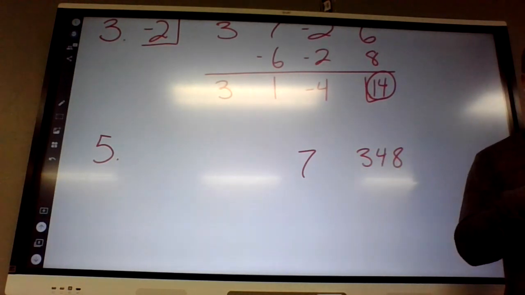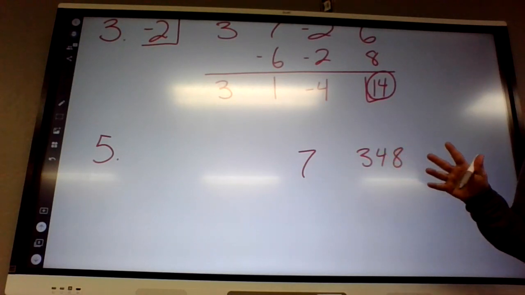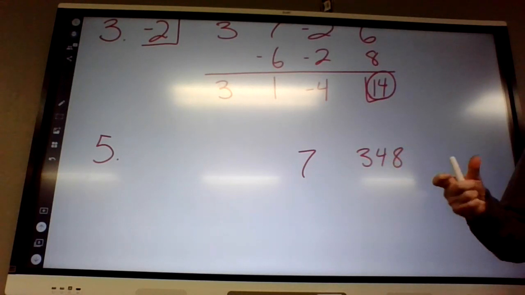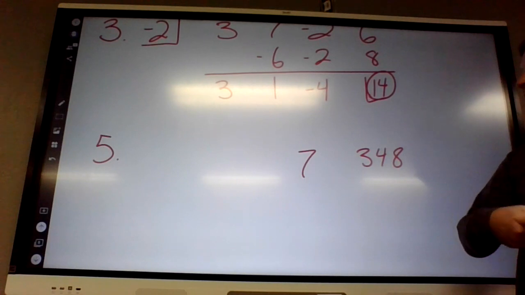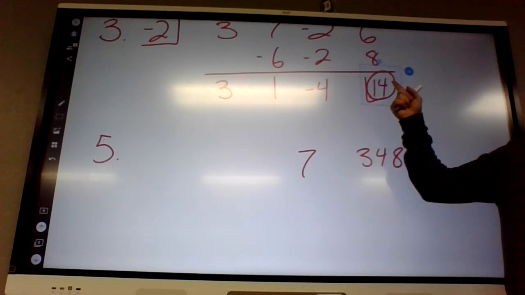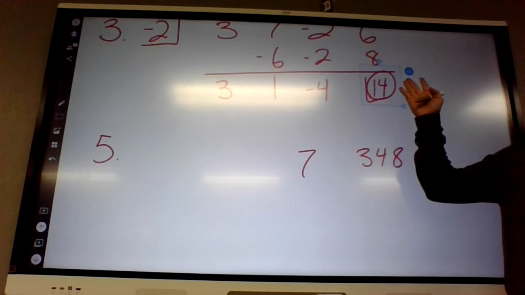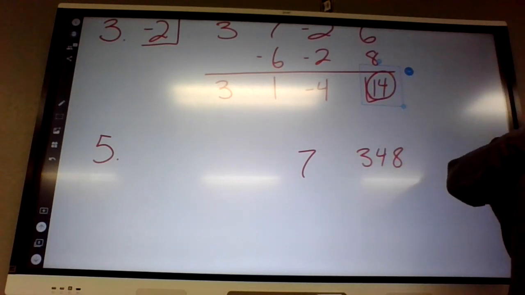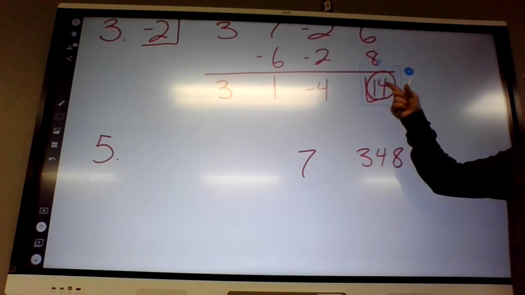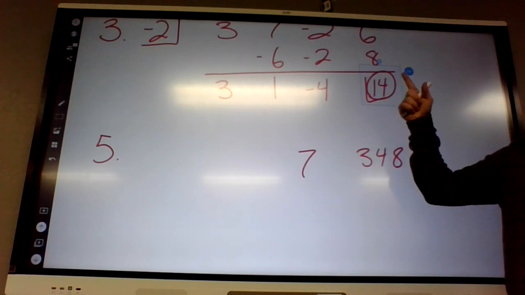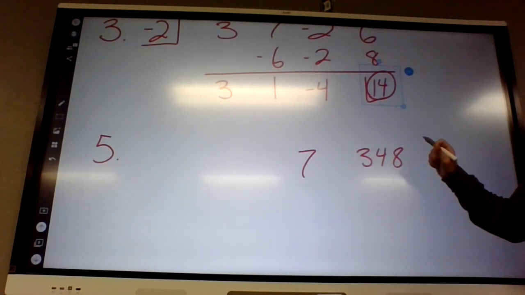It would come out with no remainder, right? So we can tell whether a polynomial is a factor of another polynomial if you divide it and the remainder is 0. So we're going to do the same thing. If the remainder comes out 0, we're going to put yes because it is a factor. If it comes out as anything besides 0, we're going to put no because it's not a factor.